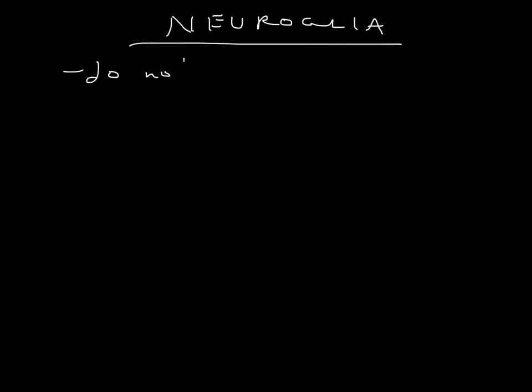The second half of that first PowerPoint was on the neuroglia. These are supportive cells. They do not conduct electrical impulses, and they are not neurons. We mentioned they do divide.